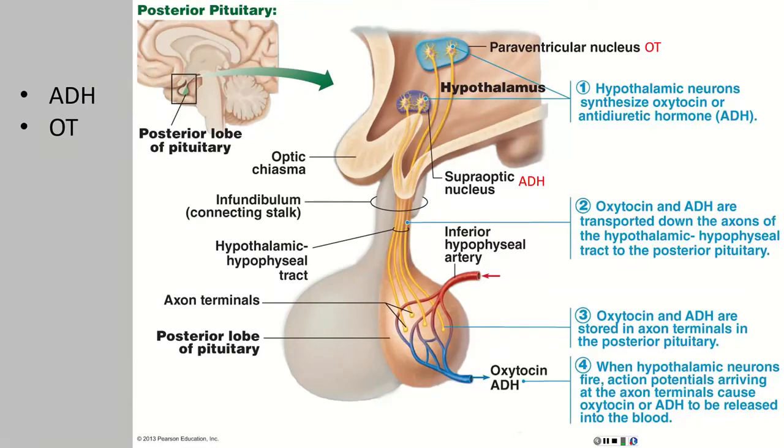Its inhibition is just stopping those stimuli. So the cervix stops being stretched, or the baby stops suckling, or you stop being intimate.